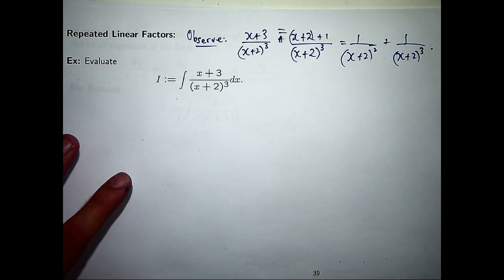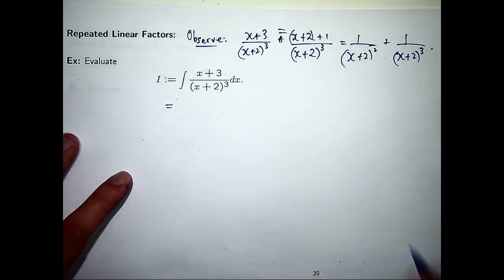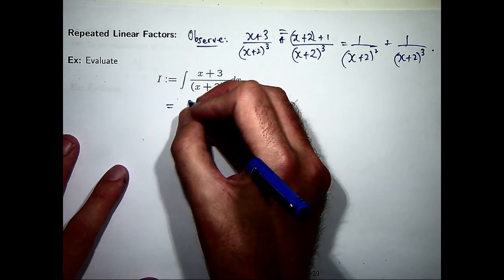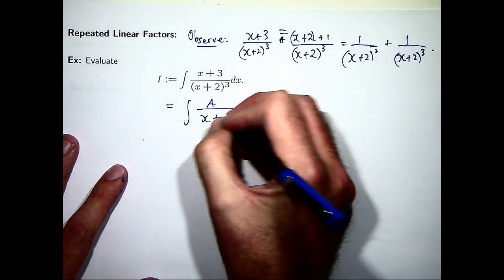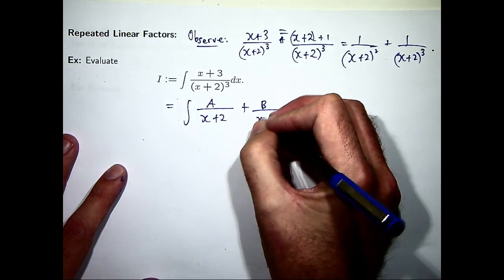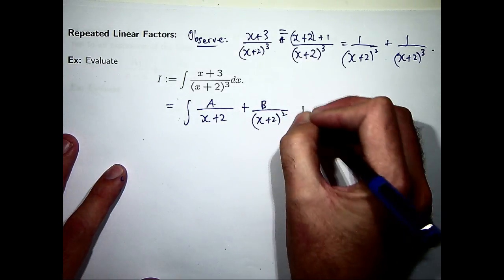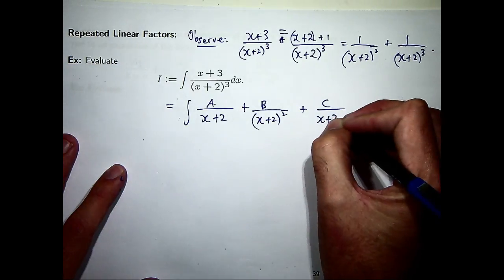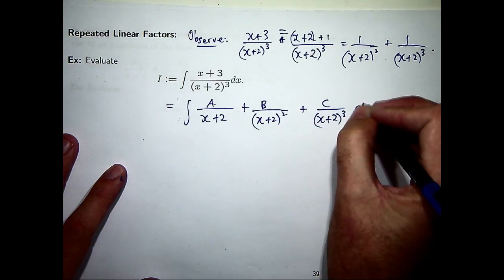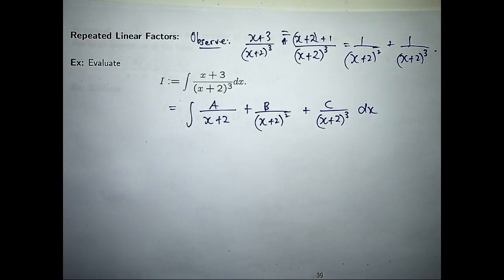So in general, this would be the setup that you would be chasing, where big A, big B, and big C are constants that you need to calculate. Now, we've already calculated them just in that top line. Big A is going to be 0, big B is going to be 1, big C is going to be 1.